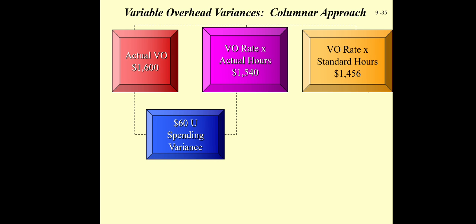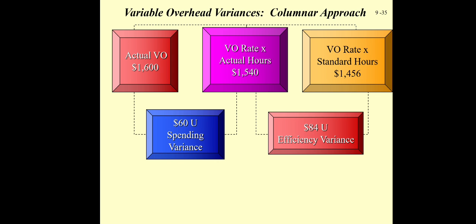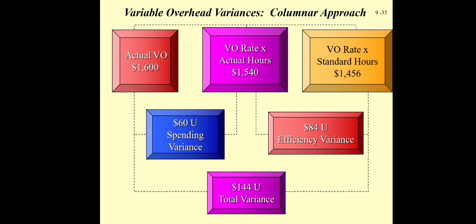Okay, this is the way to calculate the variances using columnar approach. Like I said earlier, when you calculate the variance, there are two sides of the variance, dollar variance and quantity variance.